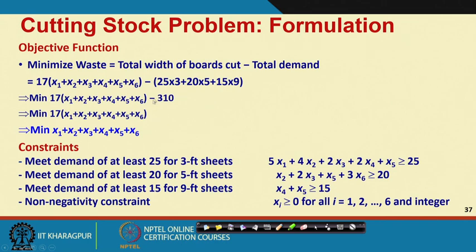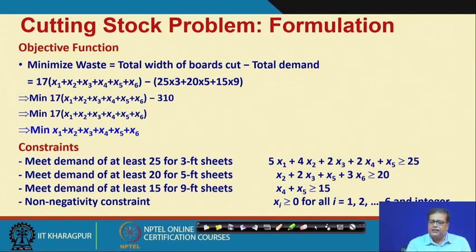So, total customer demand is 310. That is a constant amount, so as an objective function the first part is sufficient, because the rest is only a constant. If I take this as my objective function, that should be okay to make this formulation.